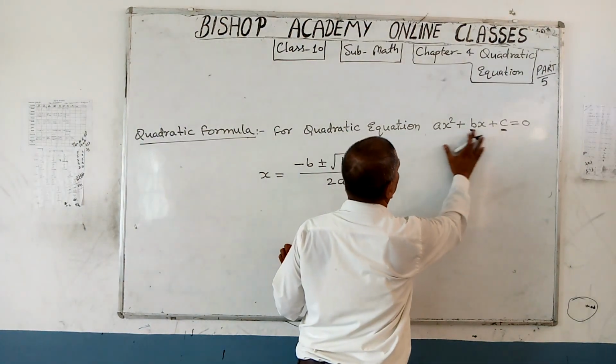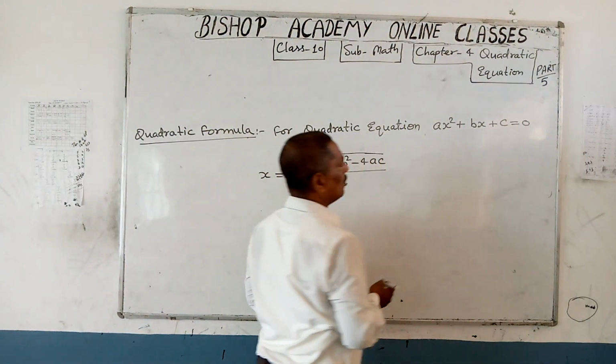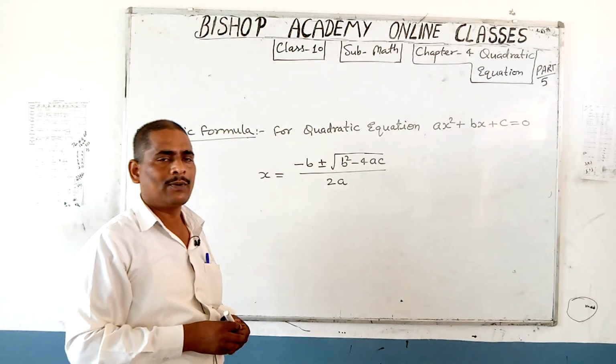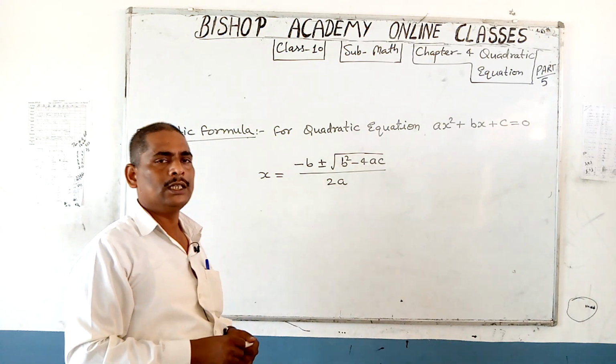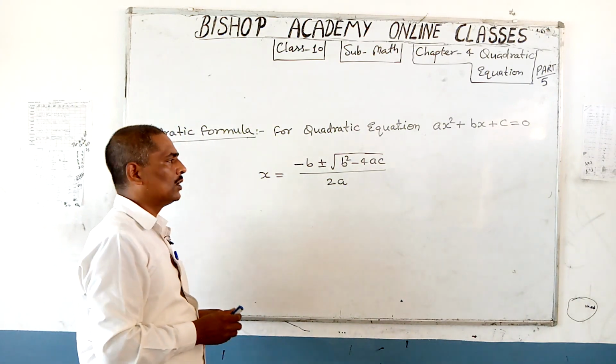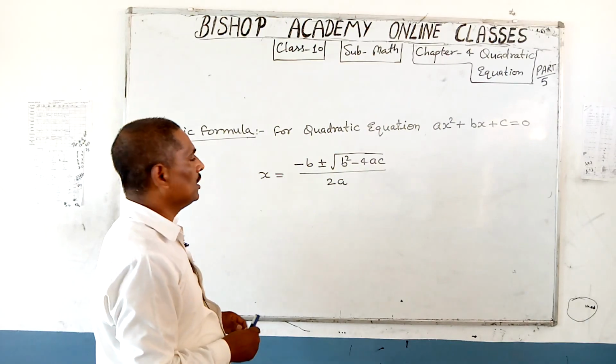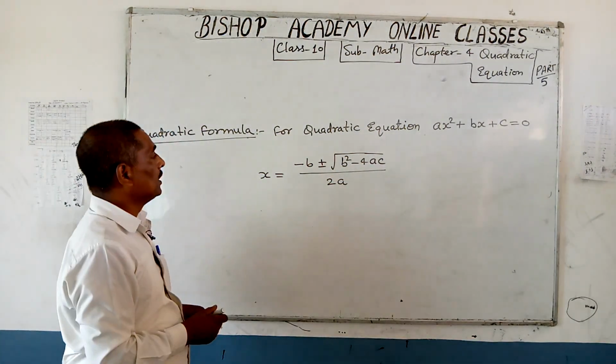So comparing with ax square plus bx plus c is equal to 0, you will always find the values of a, b and c to solve any quadratic equation using the quadratic formula.